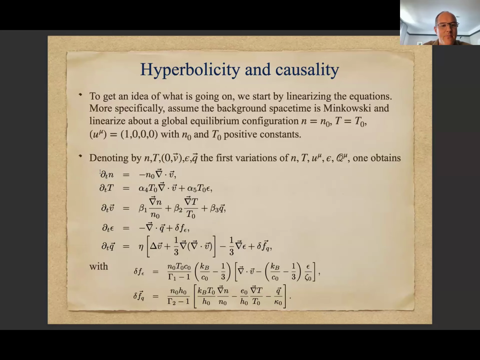You plug this into the previous equation, linearize, and then you get the following system of equations. Here you see explicitly that it's second order in the space derivative, so the Laplacian on v acts here, and then you get something from these terms here.